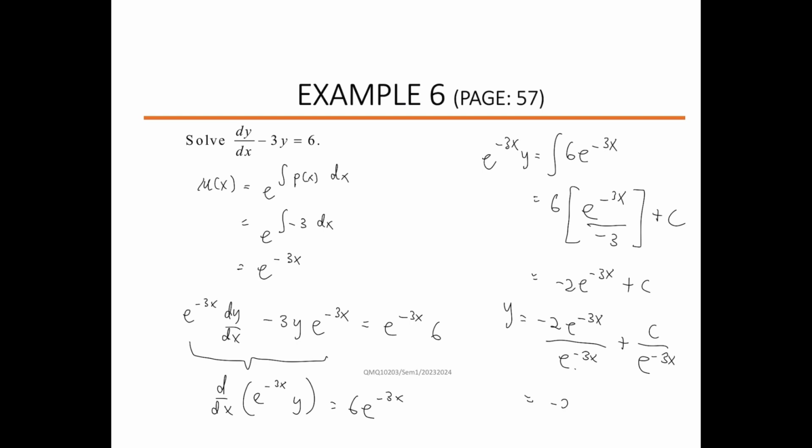So we have negative 2 plus c, and this one we can put upside so the power of negative will be positive. So this is our final answer: y equals negative 2 plus c exponent 3x.